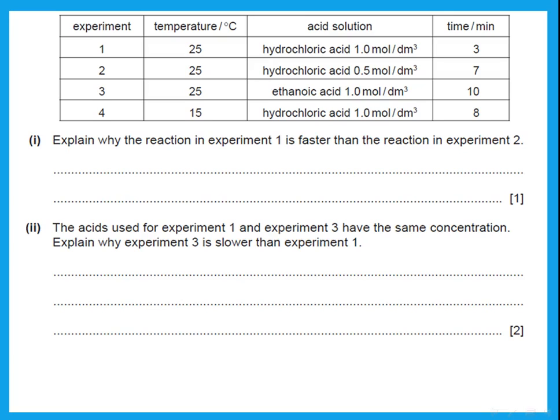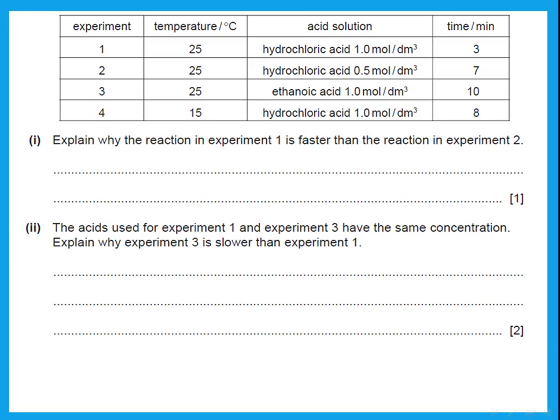Okay, this is the table again. This is exactly the same table from the experiment. So explain why the reaction in experiment 1 is faster than the reaction in experiment 2. Okay, let's see what is the difference between experiment 1 and experiment 2. They were both at the same temperature, but experiment 1 is using hydrochloric acid with a concentration of 1 mole per decimeter cubed, while experiment 2 is using hydrochloric acid with concentration 0.5 mole per decimeter cubed.